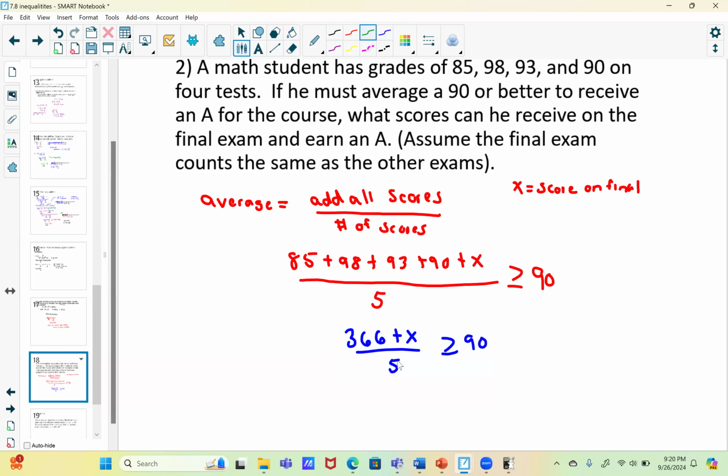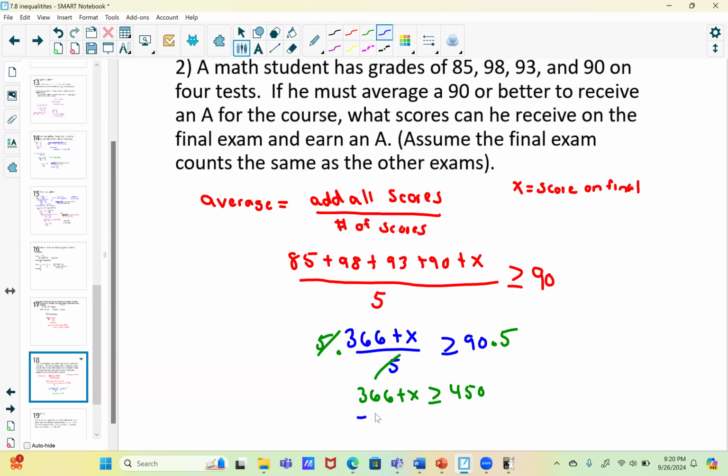So remember, we have to get rid of this division by 5 because they're both being divided by 5. I can't subtract the 366 because it's being divided by 5. So I want to multiply both sides by 5 to get rid of the division. And then I get 366 plus X is greater than or equal to 90 times 5, which is 450.